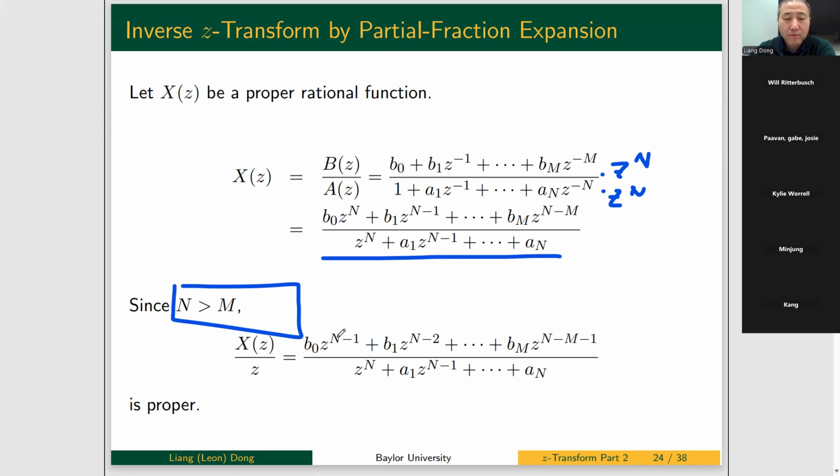So a little trick is I divide this entire X(z) by z. I just make sure that the polynomial in the numerator has the largest order n minus 1. So again, it's proper. This thing in the box, that's proper.